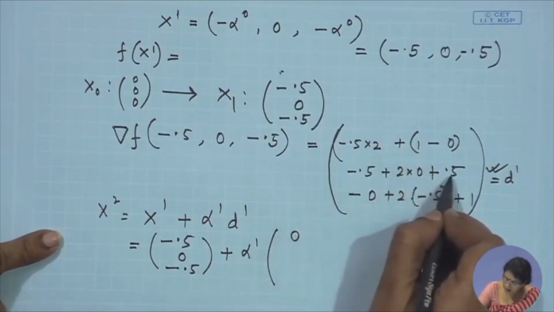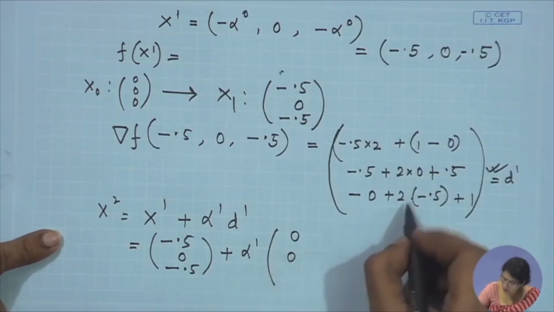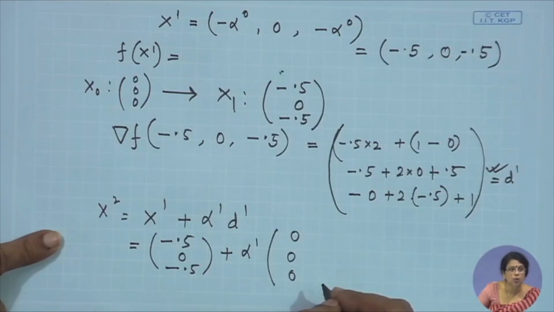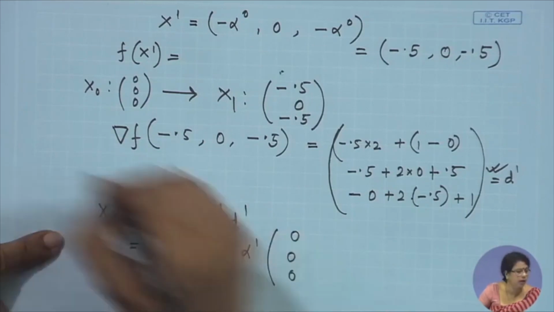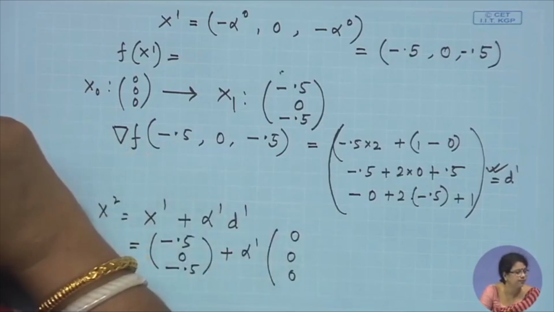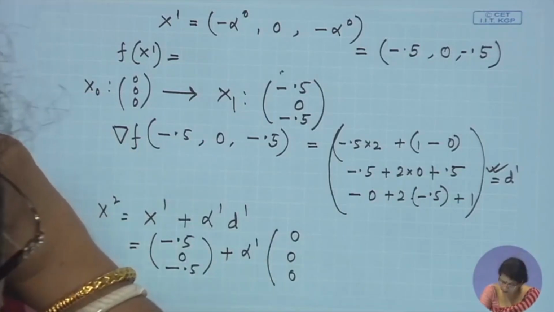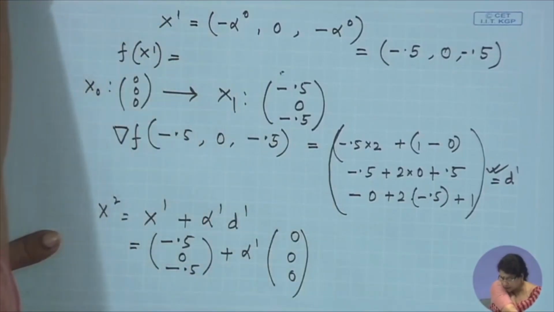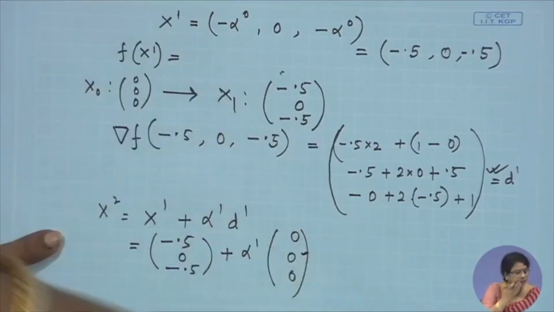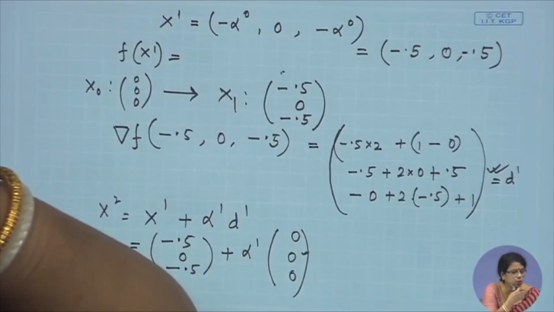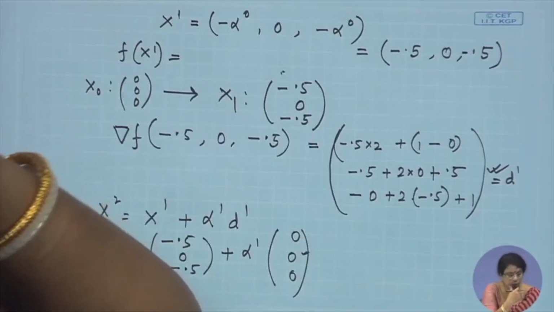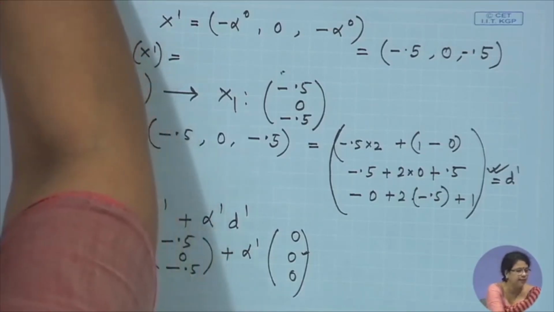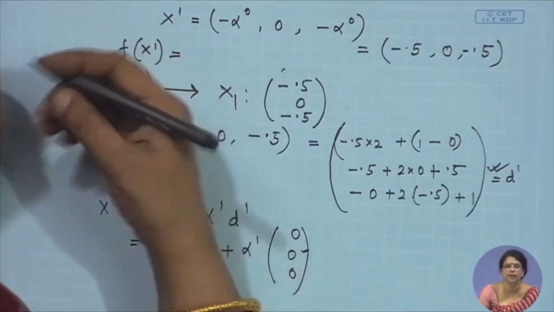Here it is again 0, 0? No, I made some mistake then. It can't be 0. Okay, you find out the value, and something else will come, and if we do 2 into 0 minus 0.5, we will get the value for x 2 as this one.